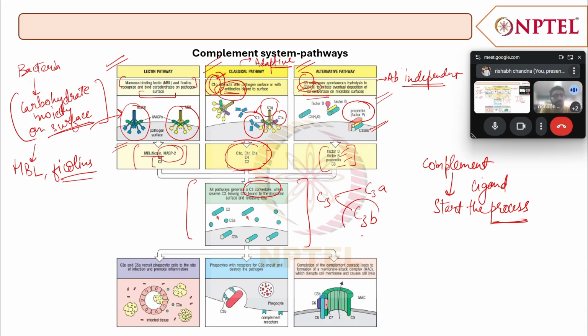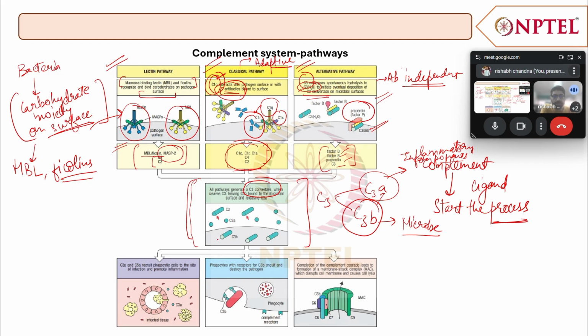C3b is bound to the microbial surface, and C3a is detached from C3b and can activate different inflammatory components. This C3 step is common to all the three pathways.